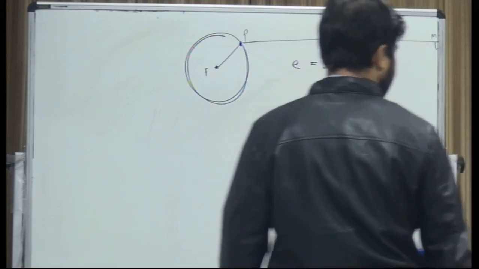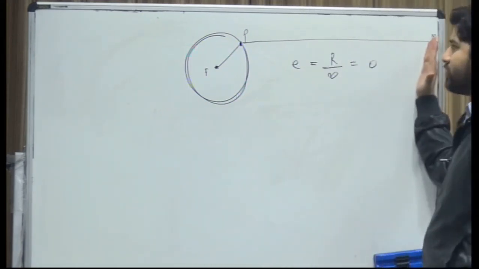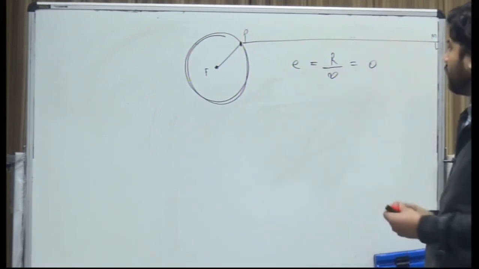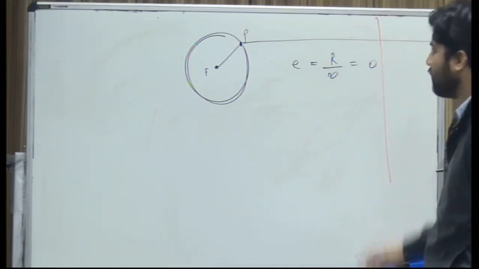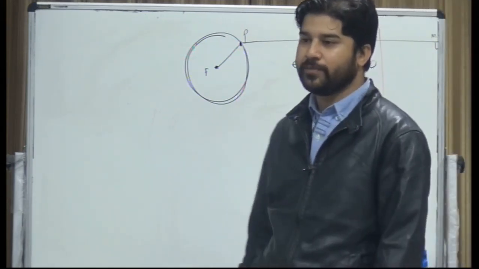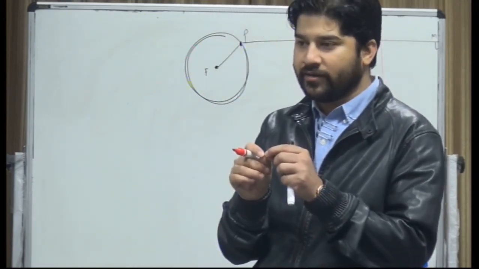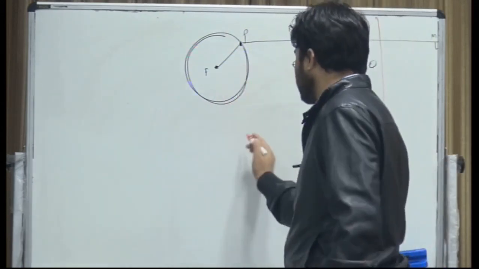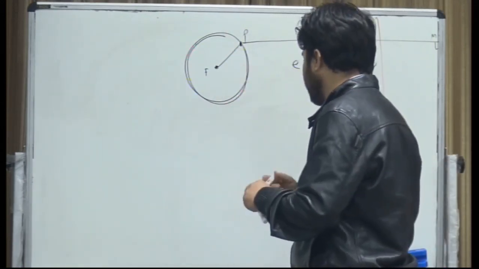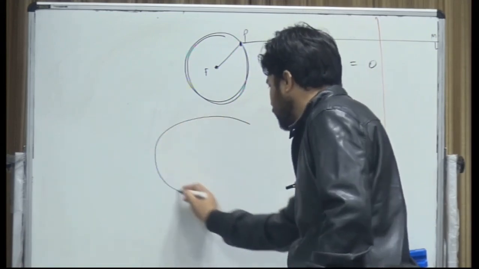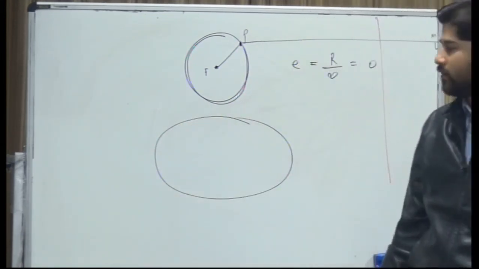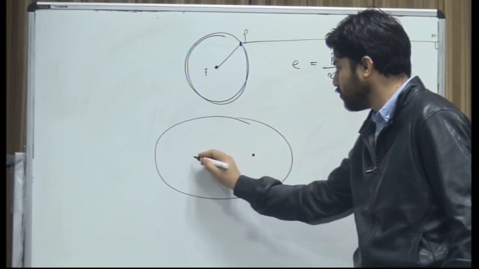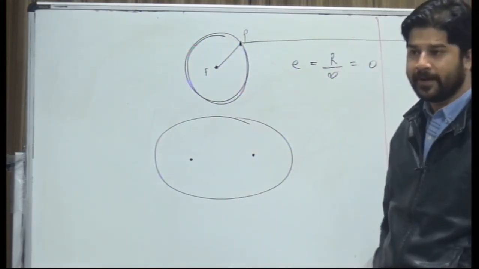Now your directrix slowly starts, you start bringing it here, so you brought the directrix to a finite distance, but still you are keeping the foci closer. So the circle will start behaving, you will see a deformation in the circle, and the center where you have got two foci, they will split into two foci, right?